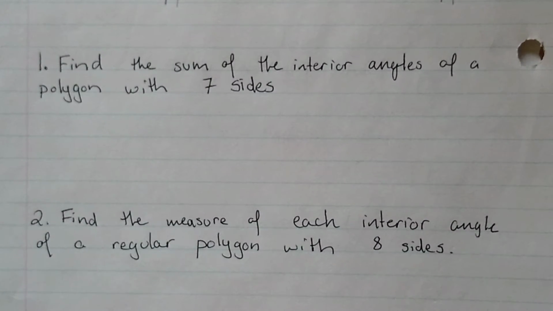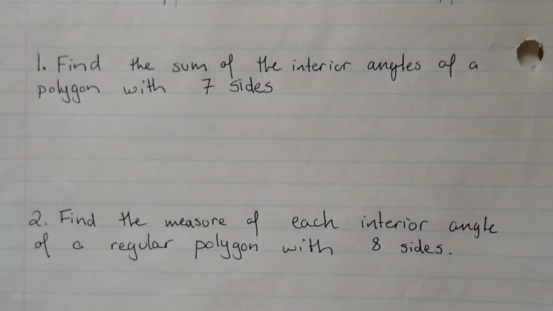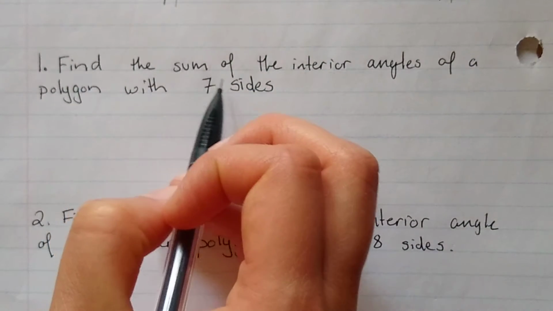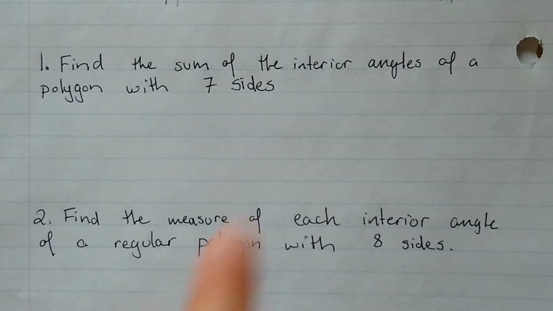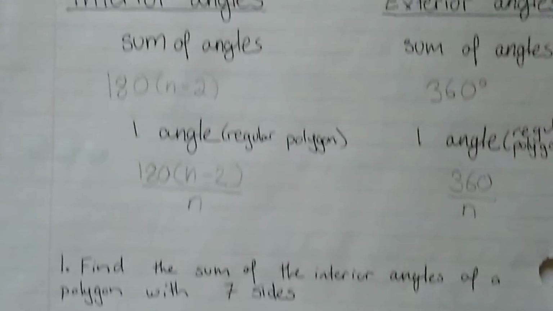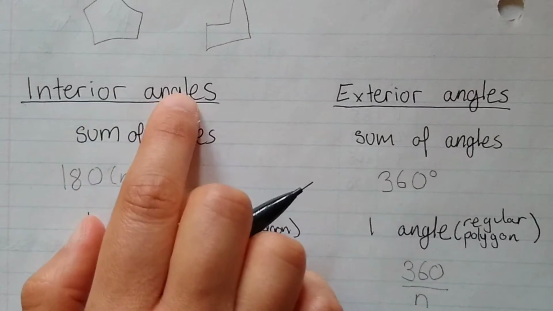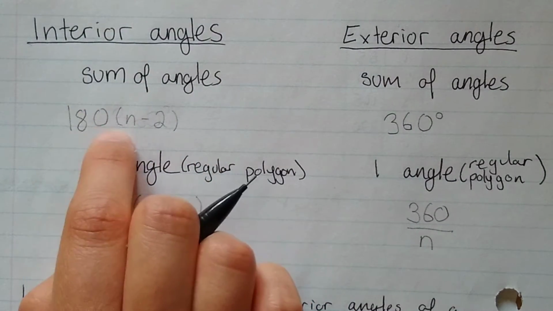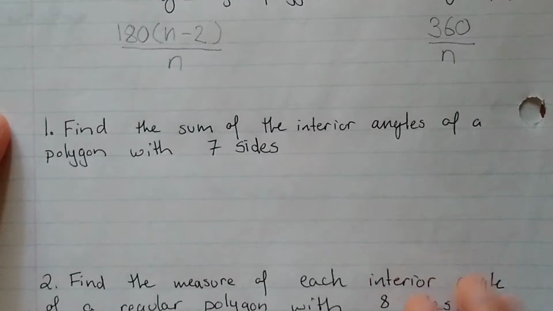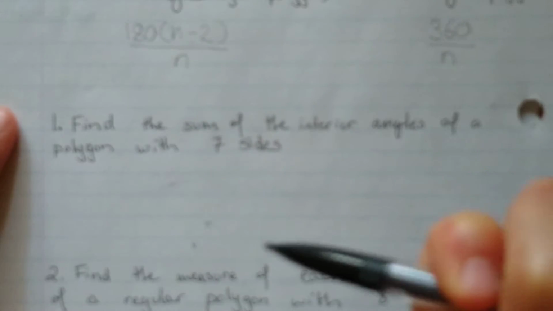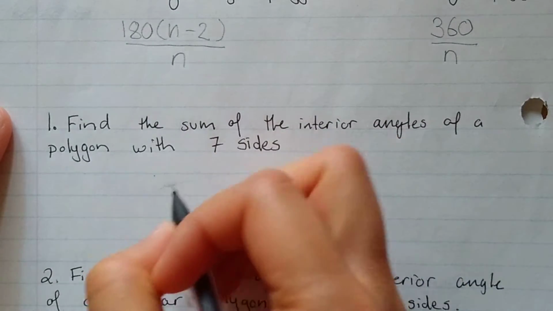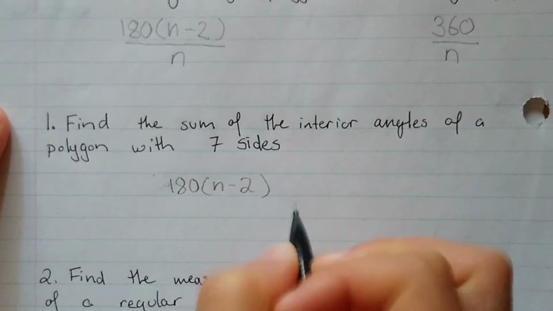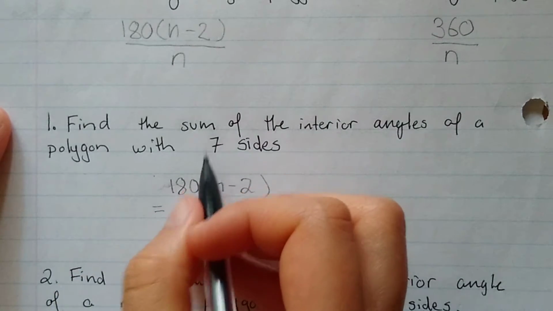So here it says, find the sum of the interior angles of a polygon with 7 sides. So we need the sum of the angles, so that's all of the angles added together, and it's interior. So we go up here, exterior, interior, we want interior, and we don't want one angle, we want the sum of the angles. So we're using this, 180 times n minus 2. And in this case, there are 7 sides.